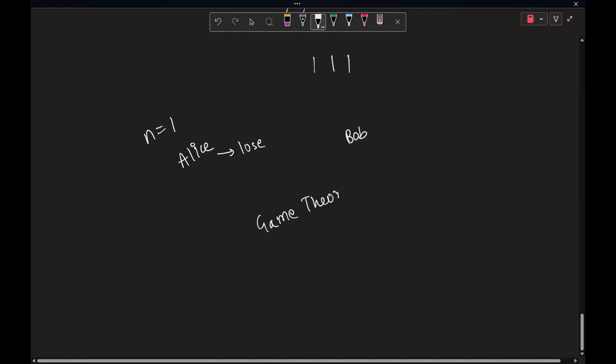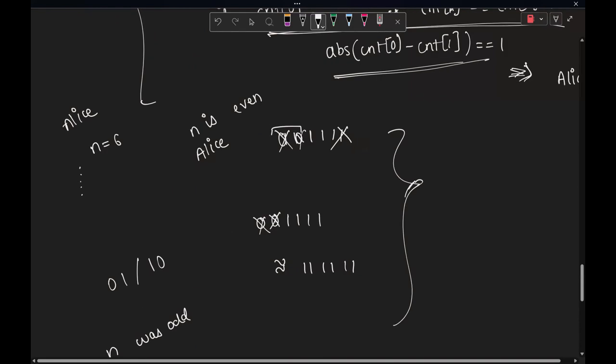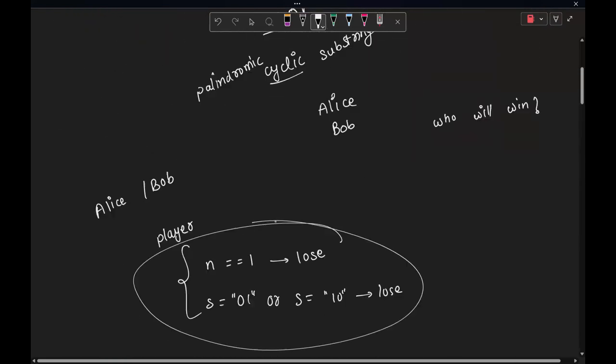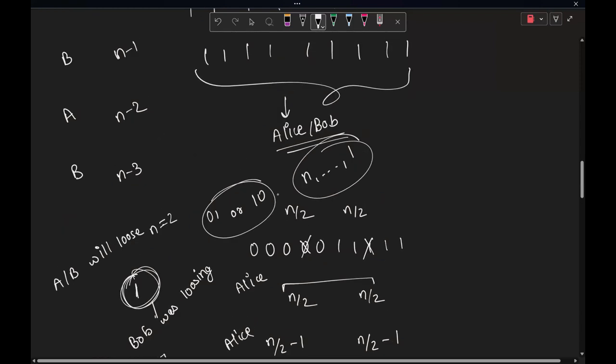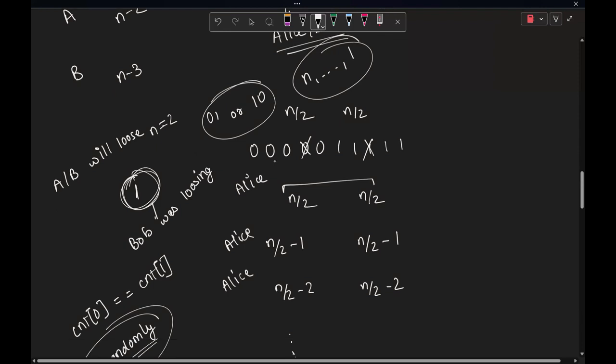But if you have studied game theory, then the problem should have been very obvious for you. Right now, the things might be looking a bit random to you, like why did we think about this situation that whatever Alice chooses, Bob will choose the exact opposite.